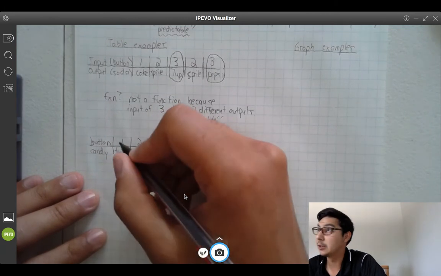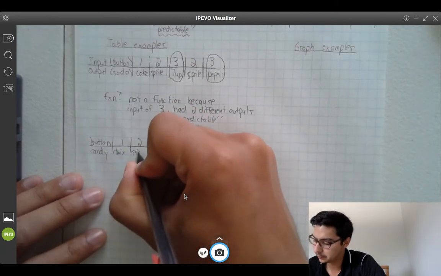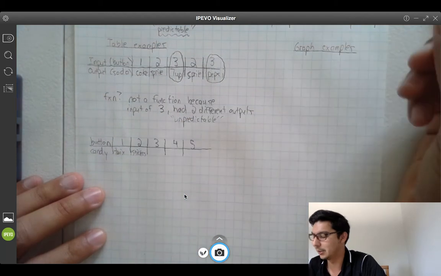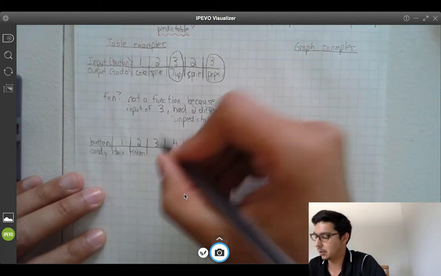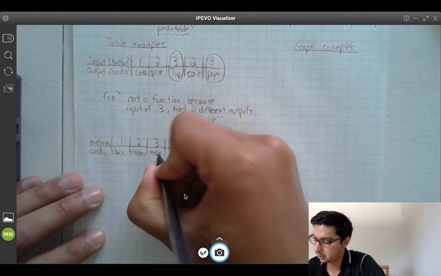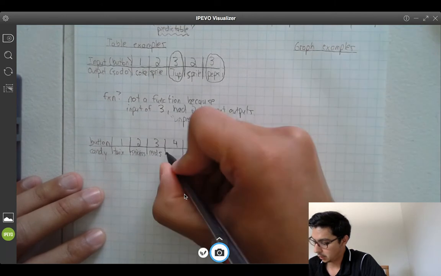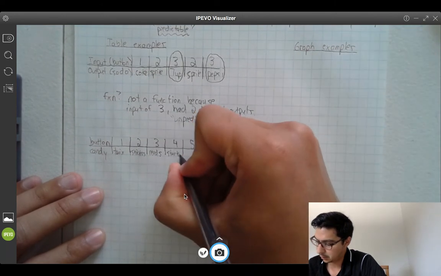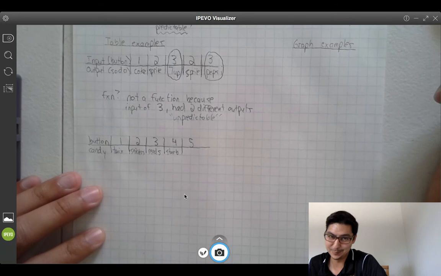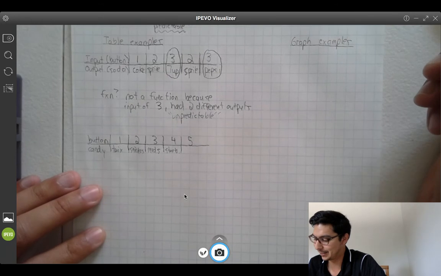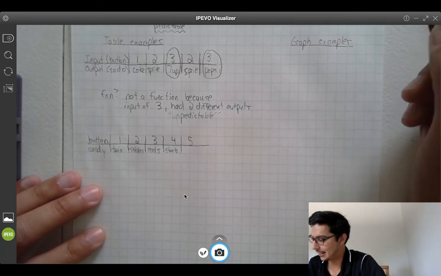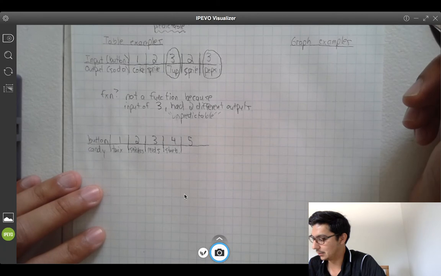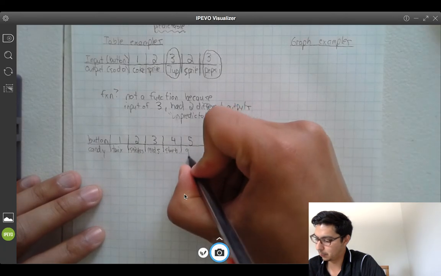What's another candy now? We'll go Snickers. I know there's a chocolate, it's not really candy, but that's okay. We'll go Nerds. Starburst. And then the last candy we'll say is gummy worms.